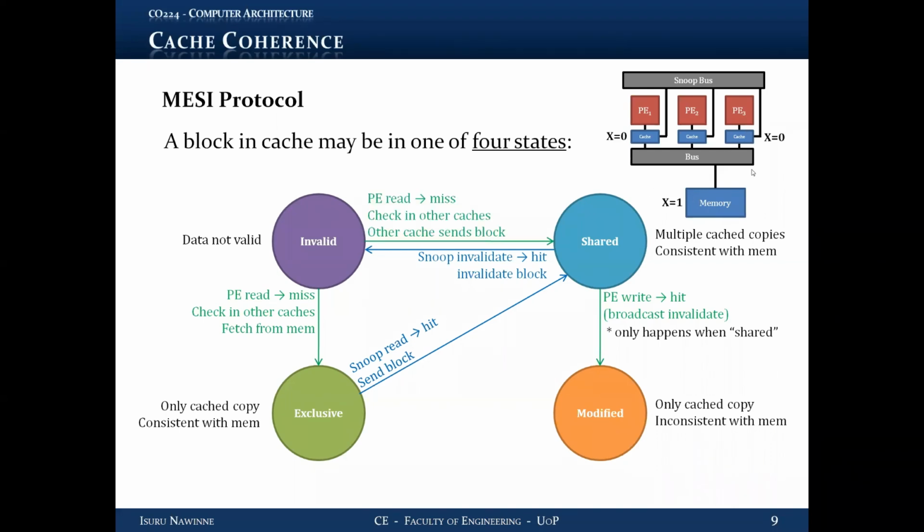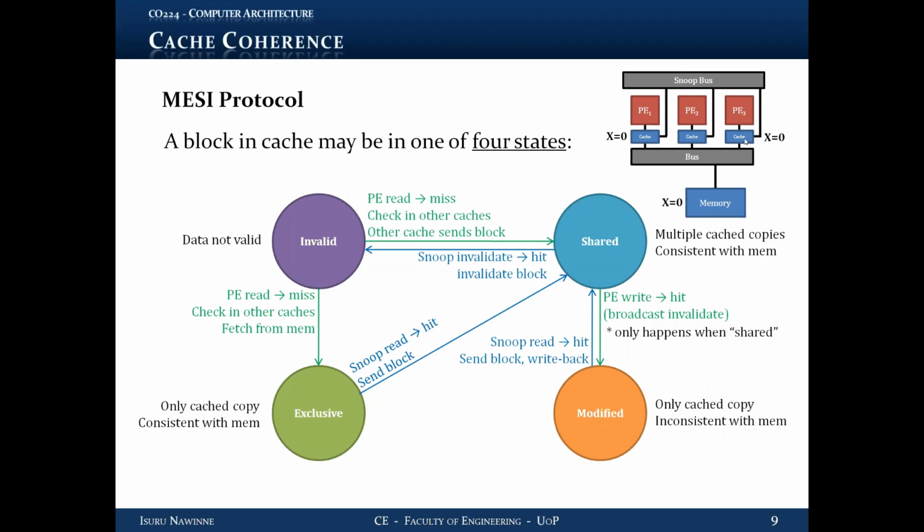So when cache 3 receives the snoop read request, there's a snoop read hit, right? It checks its storage with the snoop address, and it's a hit. We have the most up-to-date value. The state is modified.